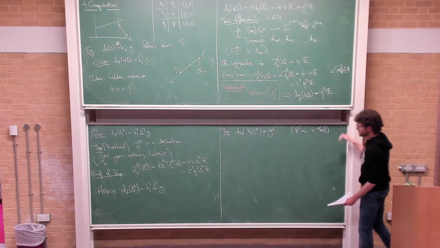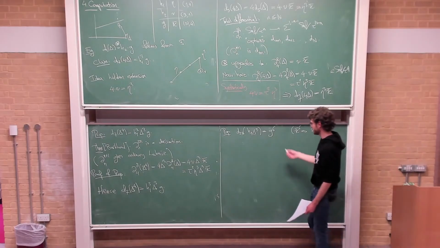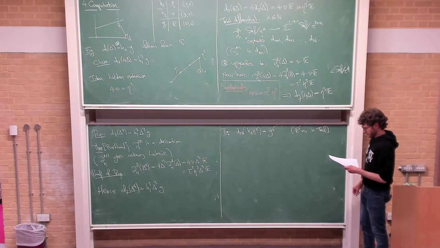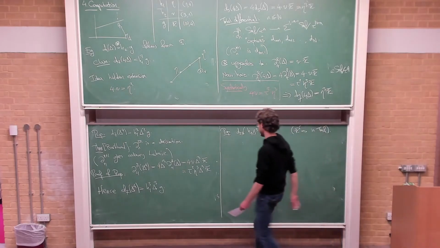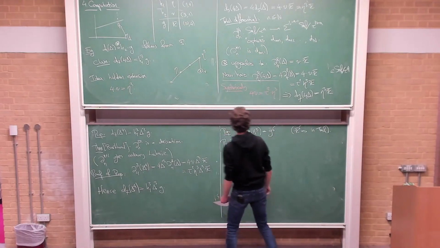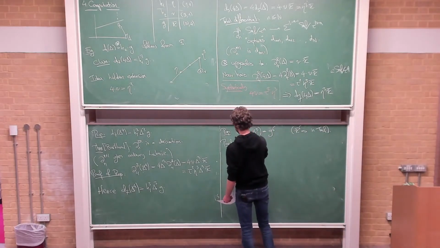By Nishida nilpotence, this thing has to be nilpotent, and in TMF the nilpotent exponent happens to be 6. Okay. So we're instead going to show something different.